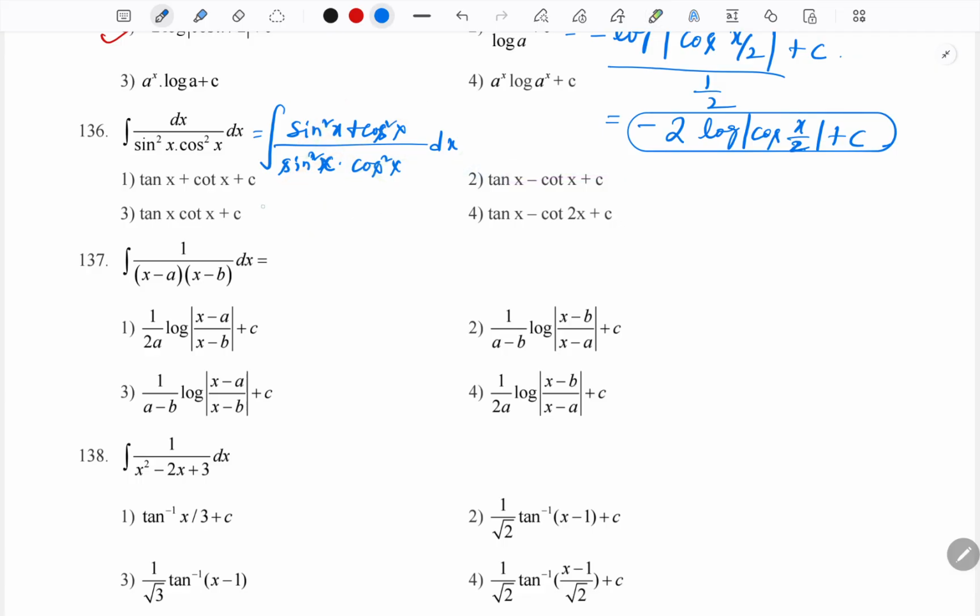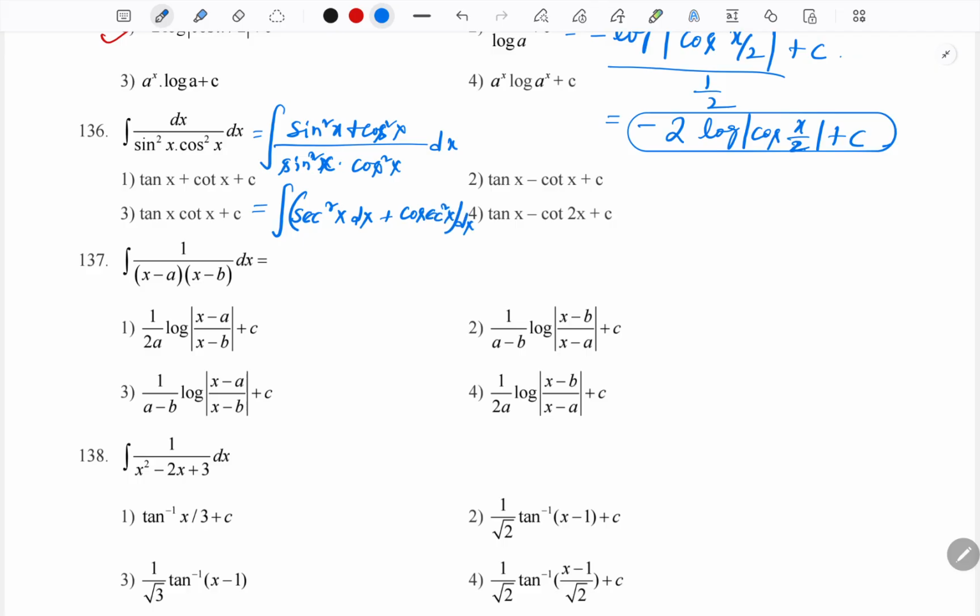This implies it equals the first one, 1 by cos square goes to secant square x dx, plus what is the second part? Individually you know it, right? Then cos square is cancelled, 1 by sin square goes to cosecant square times dx.